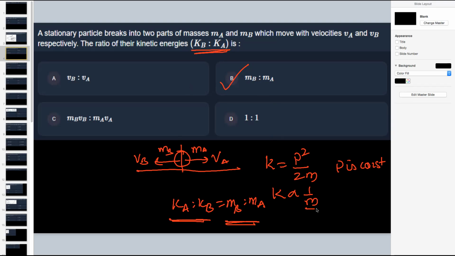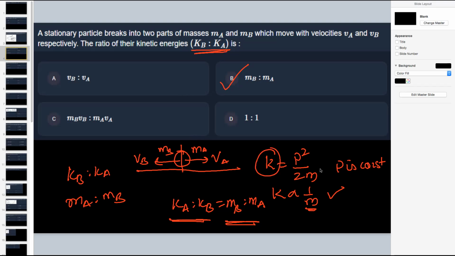K is inversely proportional to mass, this is correct. So your option is wrong, I can say. Here it is asked Kb is to Ka, so your answer should be Ma is to Mb. Either the question is wrong or there is no option. But this is the idea.